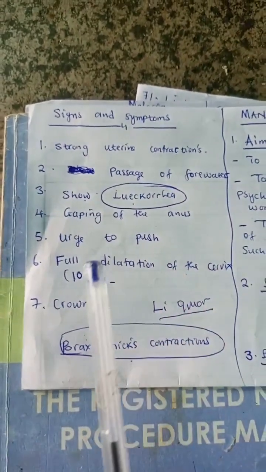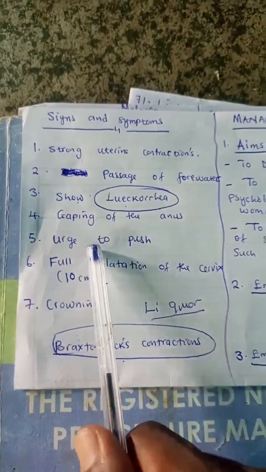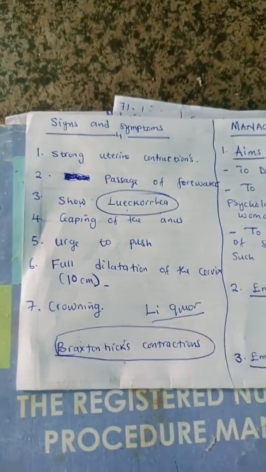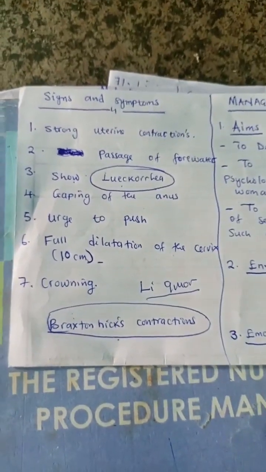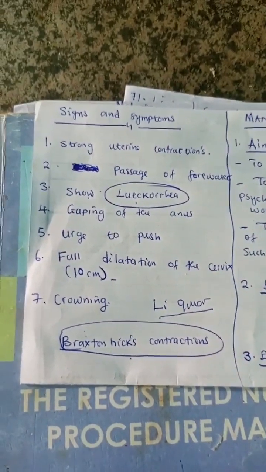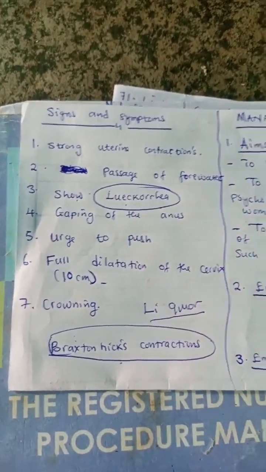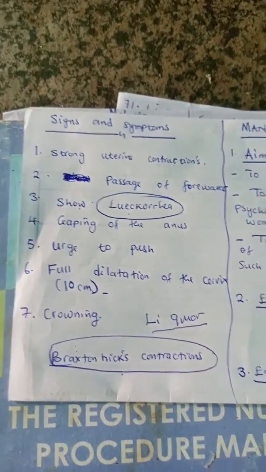Then number 4 is gaping of the anus. So due to the downward movement and descending of the presenting part of the baby, the anus starts to bulge or starts to gape.